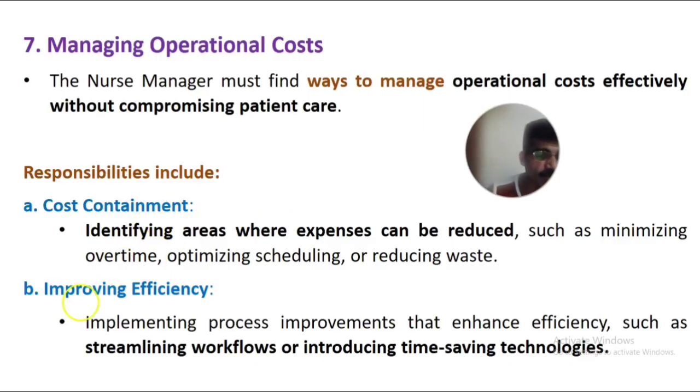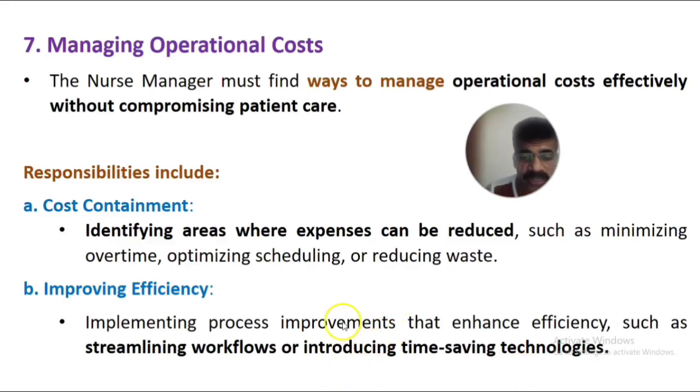Then the second responsibility is improving the efficiency. That means implementing various processes to improve the efficiency of the staff, such as streamlining the workflow, monitoring the workflow, performance appraisal of the staff, etc. So streamlining and supervising the workflow, making the staff's services energetic, or introducing time-saving technologies in rendering various nursing procedures and nursing functions in the nursing department.